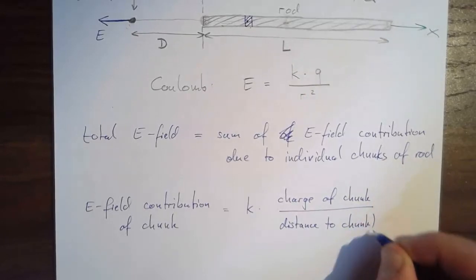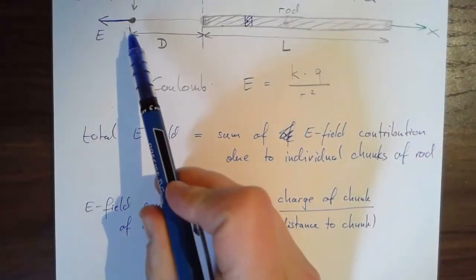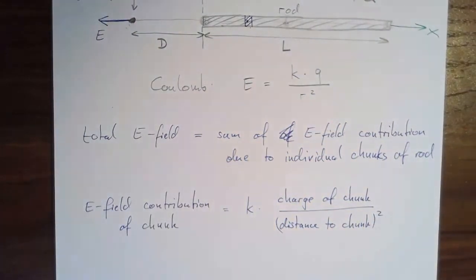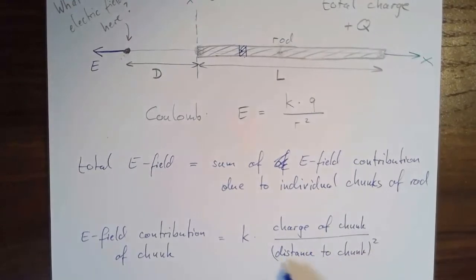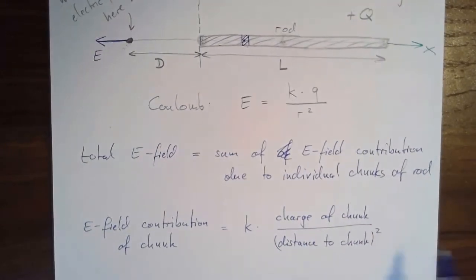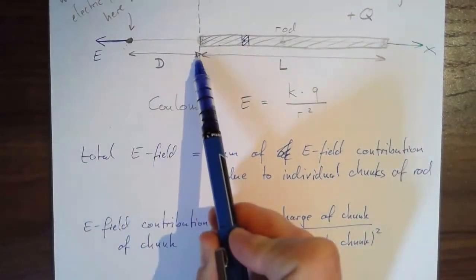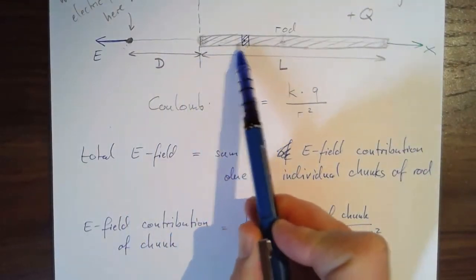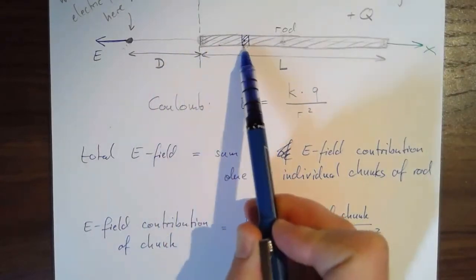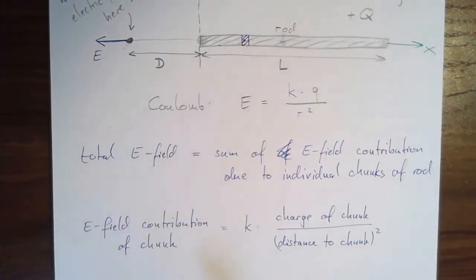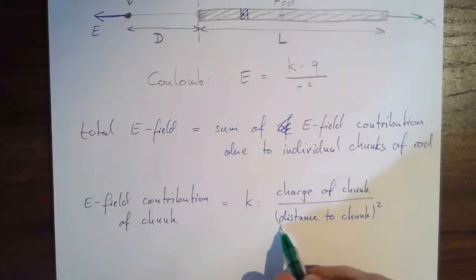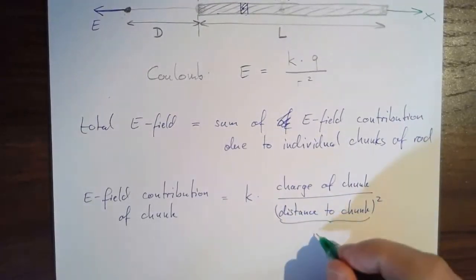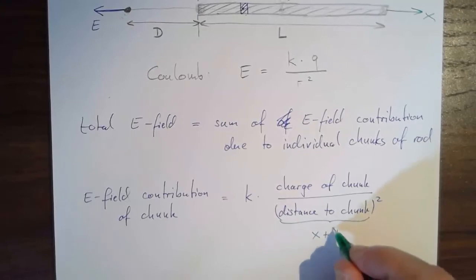By distance to chunk, I mean the distance from the point where I want to find the electric field to the chunk, squared. Now, because I have my coordinate system, I can easily write down what the denominator is. It's just going to be d plus x. If this is at x equals 3 centimeters and d is 5, the distance would be 5 plus 3, 8. So I can easily write this as x plus d.